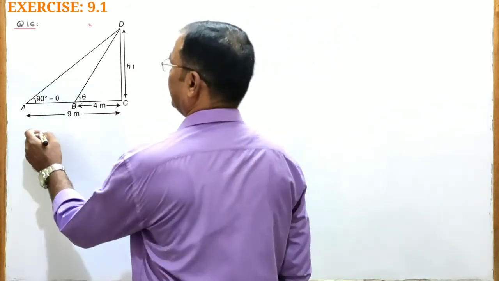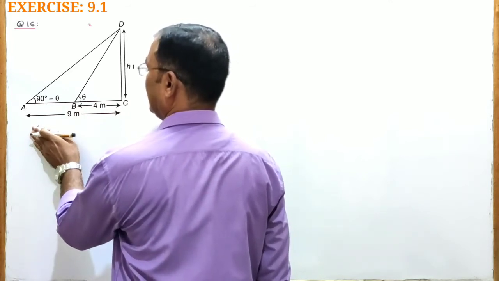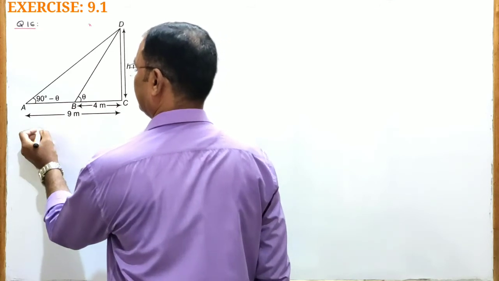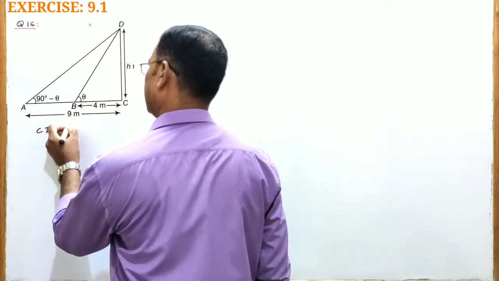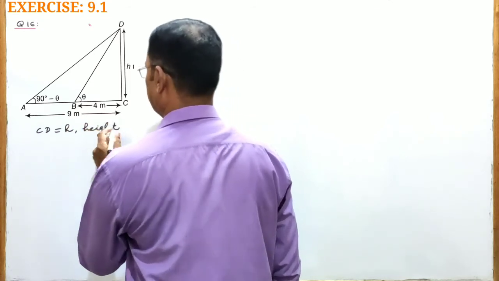So in this figure, CD is h, the height of the tower, let us suppose.